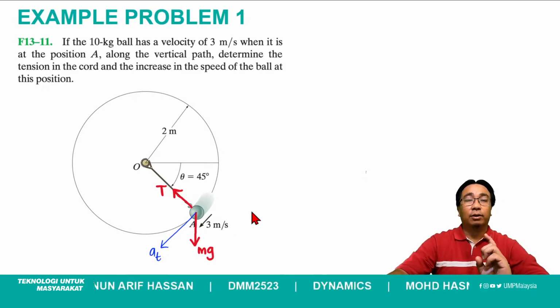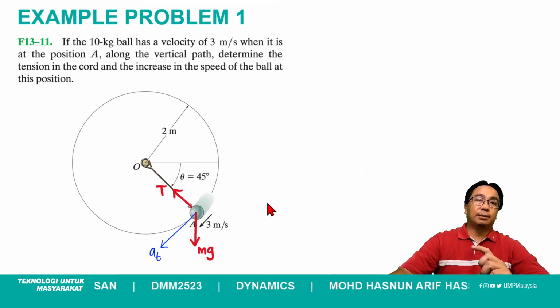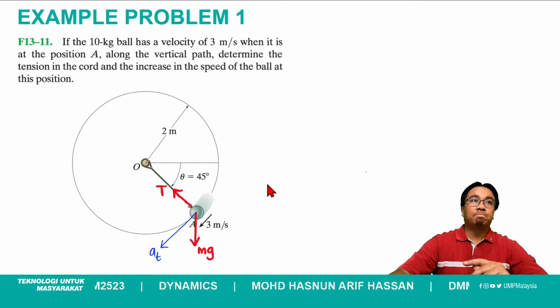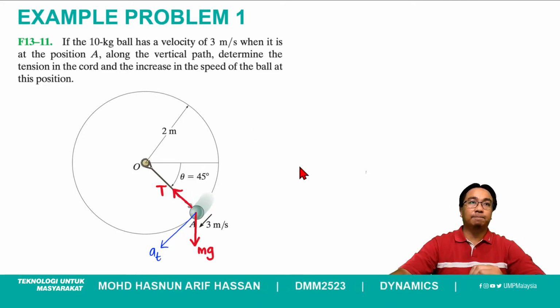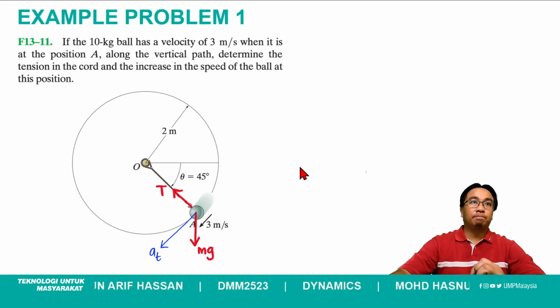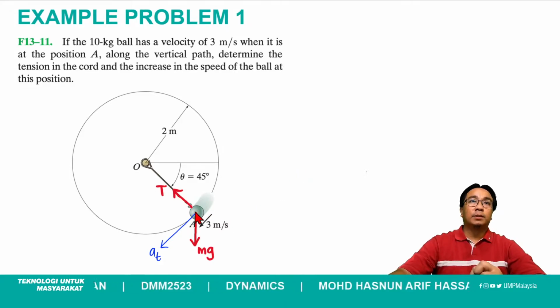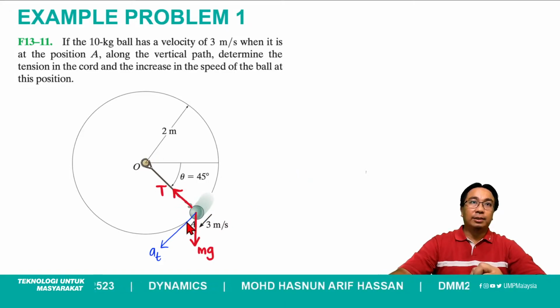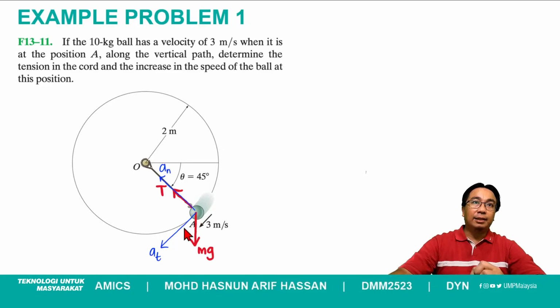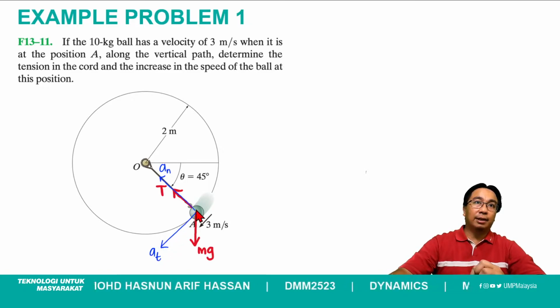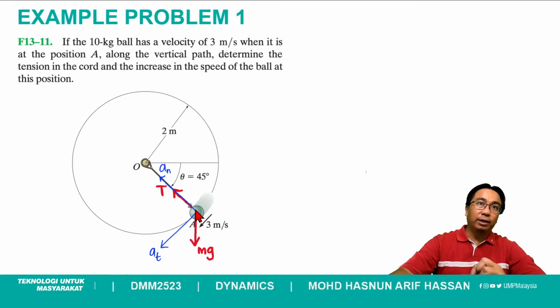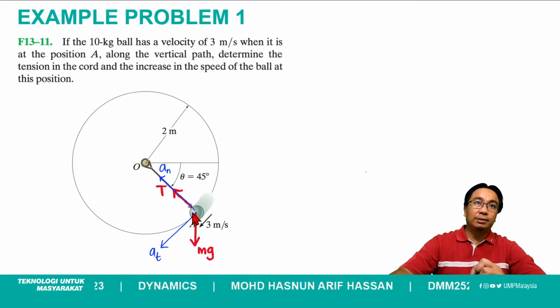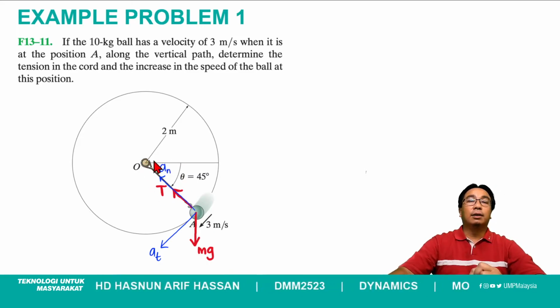Correct. Thank you. What about the normal axis? Normal axis is pointing in which direction? Pointing to the origin. Correct. Pointing to the origin, and it is 90 degrees to the tangential axis. So if you define the tangential axis pointing this way, 90 degrees to the tangential axis and pointing to center O is the normal axis.